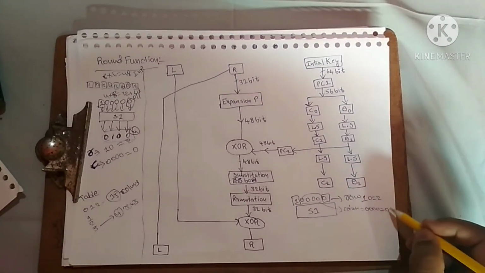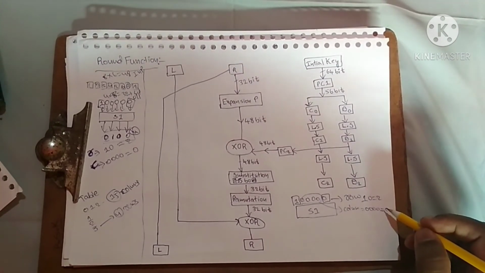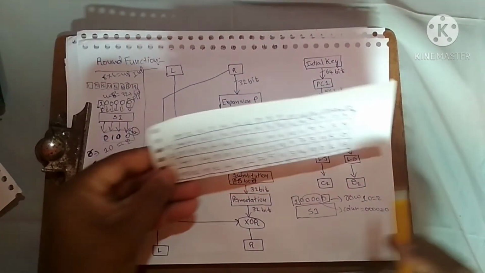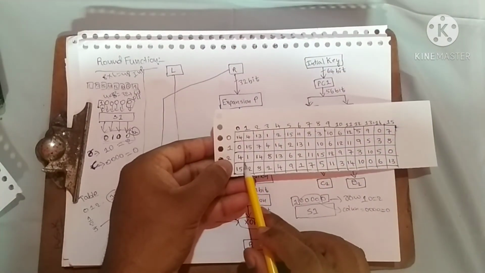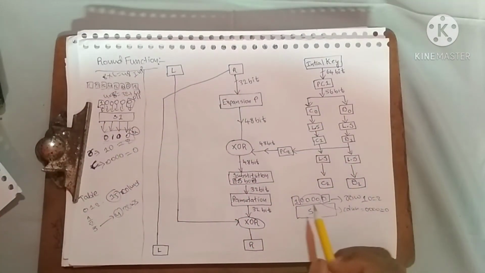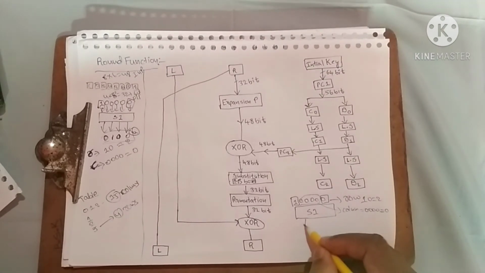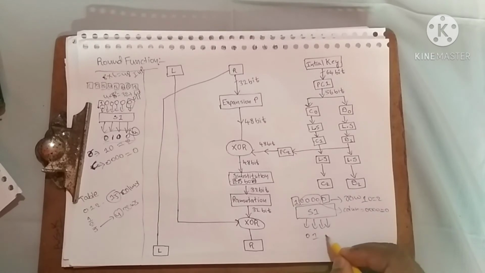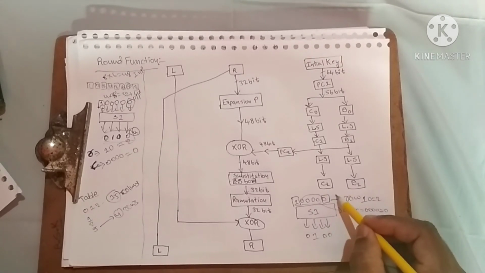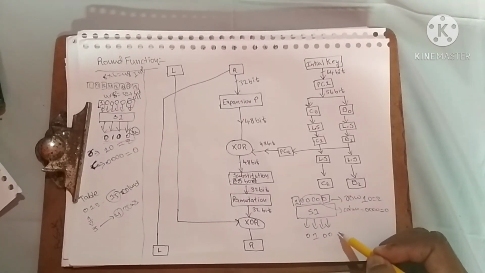So the intersection of these two gives the value. The intersection of these two is 4. Okay, the value will be 4. The value 4 will be given as output 0 1 0 0. Here 6 bits key input, 4 bits key output.